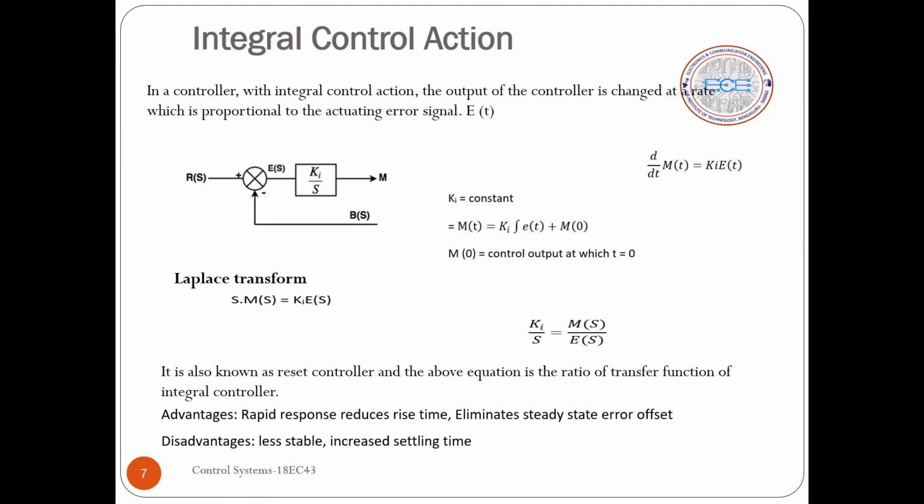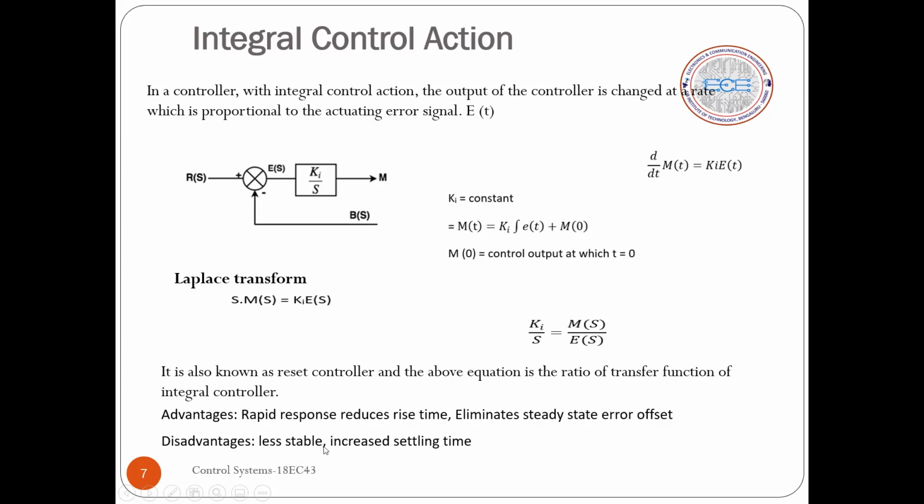Since we are integrating the signal, the output will completely reach the input point. Since it reaches the expected point, the deviation will not be there, so the steady state error will be 0.